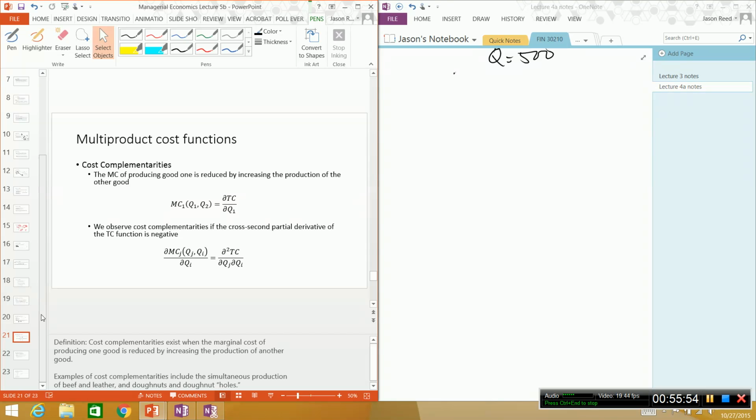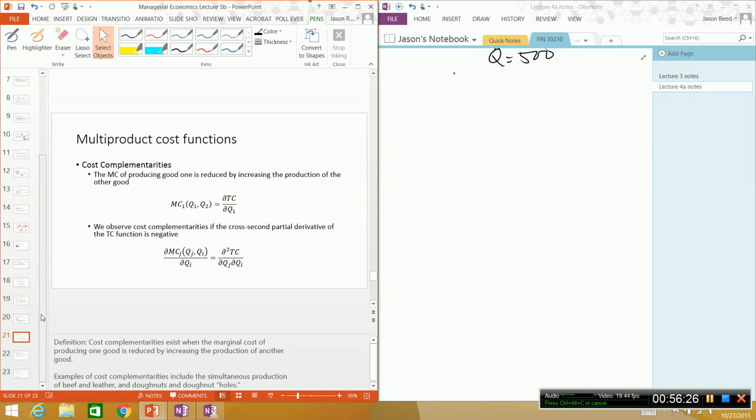Now this means for us that the marginal cost of producing good one is reduced by increasing the production of the other good. Okay, so how do we do this? First, we need to find the marginal cost of producing good one. So MC1 is going to be the partial of total cost with respect to the partial of Q1. But now, in order to observe these, what we have to look at is what we call the cross second partial derivative.